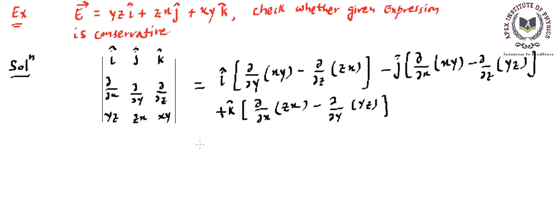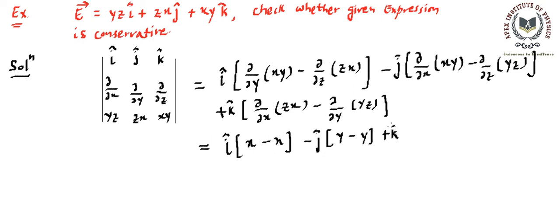Now using these mathematical rules, we are going to simplify this. So the i cap coefficient: this is a partial derivative, so x will be treated as a constant, the y derivative will be 1, so that becomes x, minus, here the z differentiation will be 1, and that will lead to x. Minus, when we come to the j term, x differentiates to 1, so this becomes y, minus z differentiates to 1, so this becomes y.